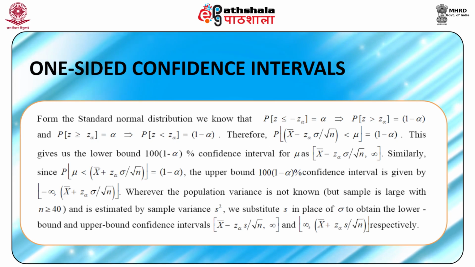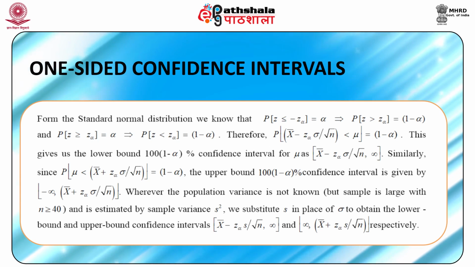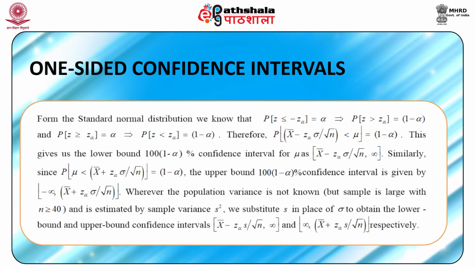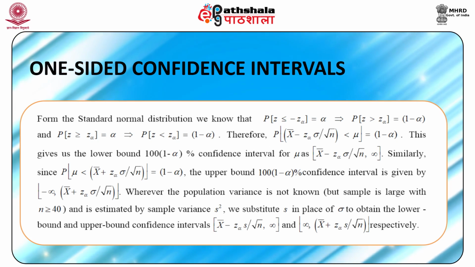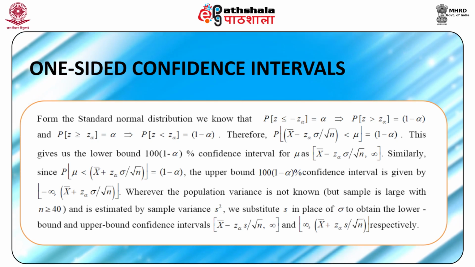And we can also say that the probability of Z greater than or equal to Z alpha is equal to alpha, which implies that the probability of Z less than Z alpha is equal to 1 minus alpha. Therefore, we may say that the probability of x bar minus Z alpha into sigma upon root n being less than mu is equal to 1 minus alpha.